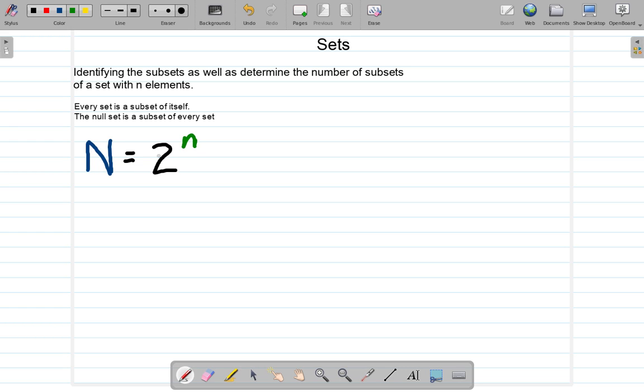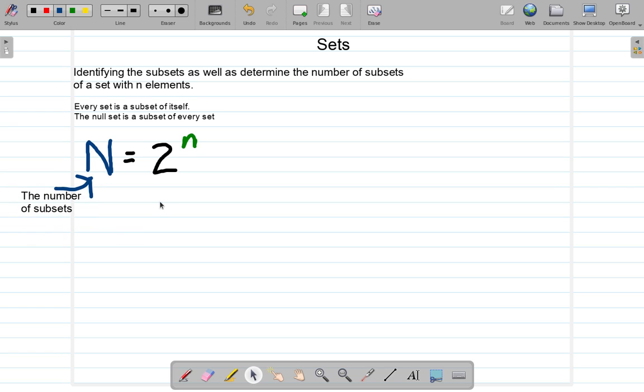We want to examine this a bit, just by looking at a few examples and see if it works for them. So remember, this is the number of subsets in a set. Let me write that down here. That's the number of subsets.